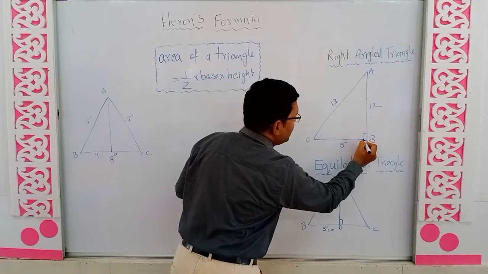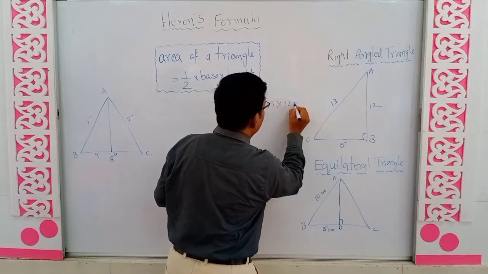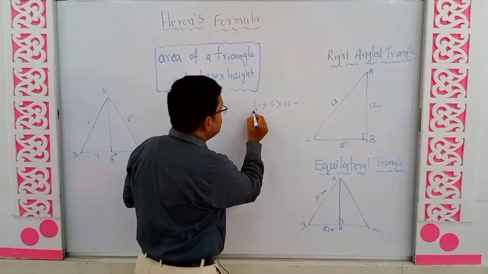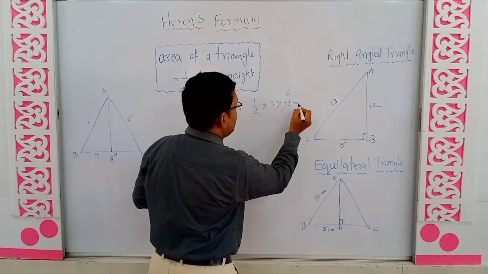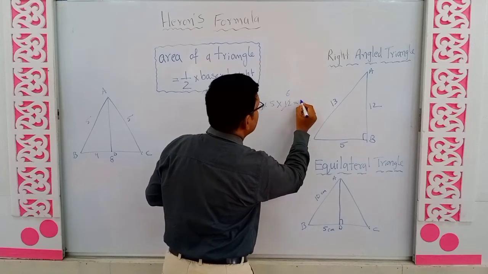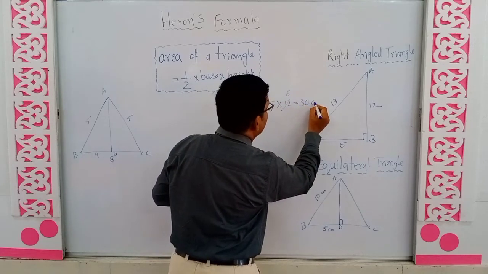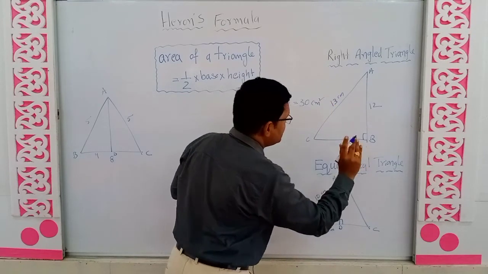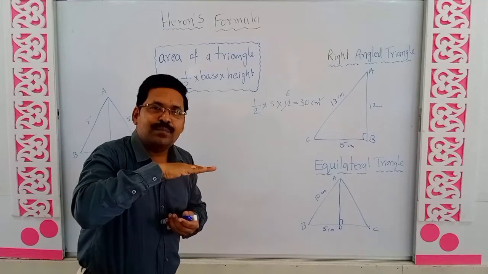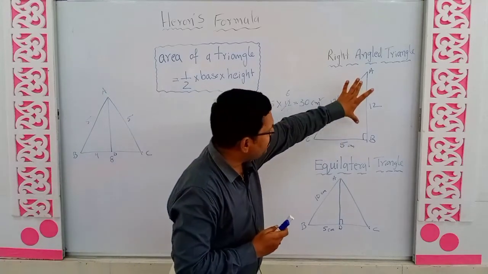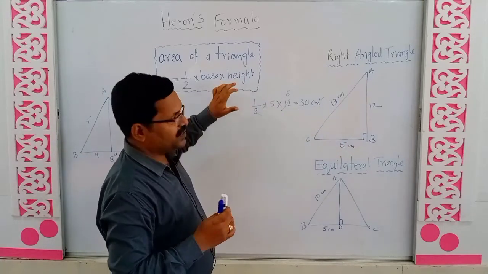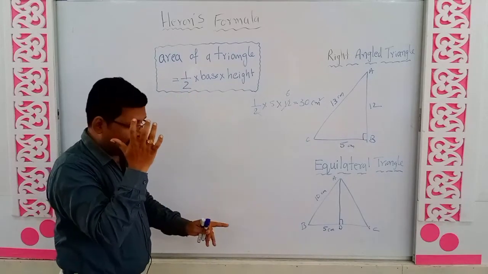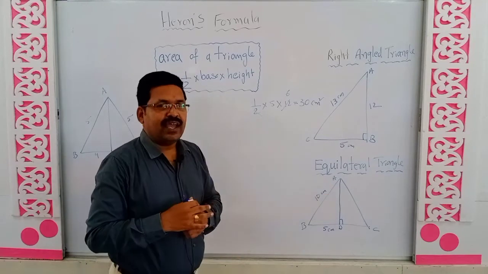Height is the perpendicular, 12. Very good. Half into base into height, so 2 sixes are 12, 5 sixes are 30 centimeters square, if these are all centimeters. Simple. In a right angle triangle, the base is the base and the perpendicular is the height. Very good.